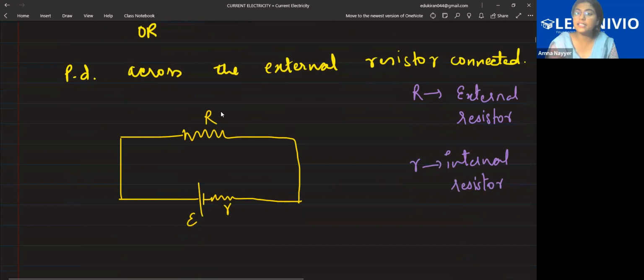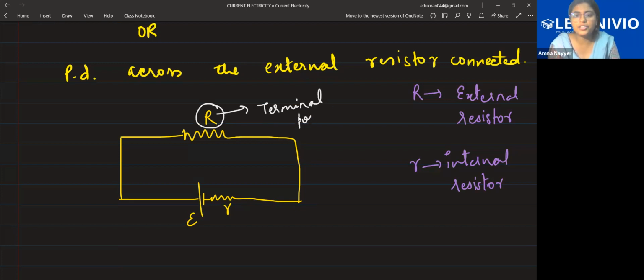This is the external resistor, let's say the final equivalent resistance. I'm not saying only a single resistor is connected. There can be many resistors connected, but this represents the entire equivalent resistance of all the resistors connected. So the potential difference here is the terminal potential difference.